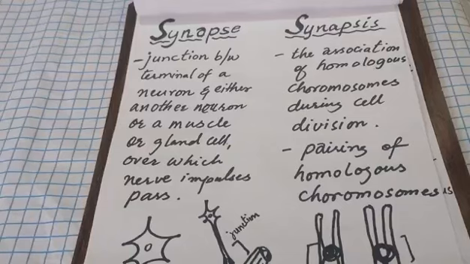If one neuron has information, it has to be passed to the other neuron. So when one neuron communicates by transferring neurotransmitters to the other neuron, this junction is known as a synapse.